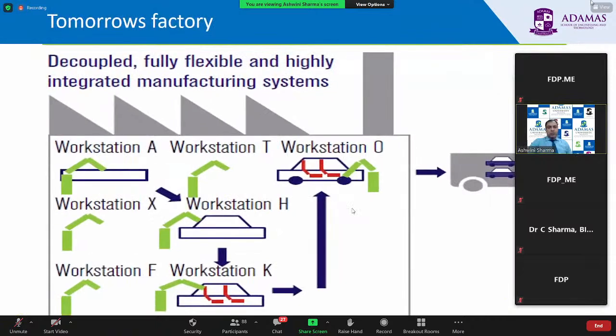And now coming on to tomorrow's factory: decoupled, fully flexible and highly integrated manufacturing systems. Here the workstations are arranged according to the requirement, or according to the processes to be done onto the product in a very efficient way.